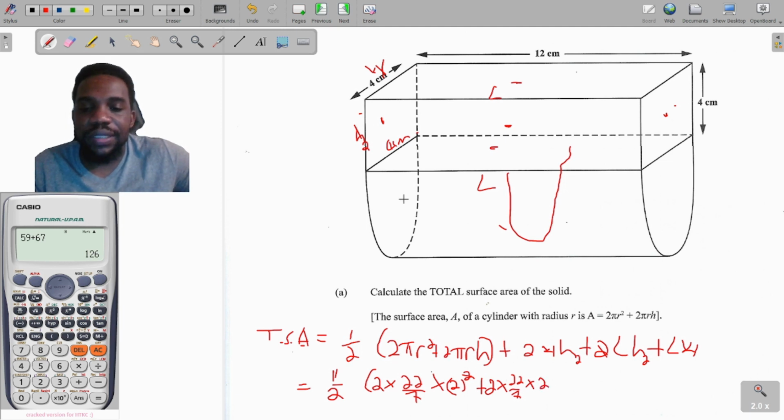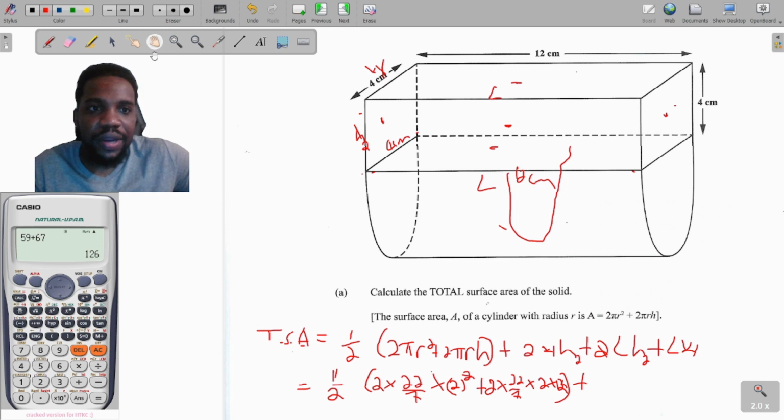The height, this time, is the distance between the two faces, the same thing that we call length right here. So the perpendicular distance between the two faces is what you call the height. And in this case, it is actually 12 centimeters. So times 12. That takes care of my cylinder.